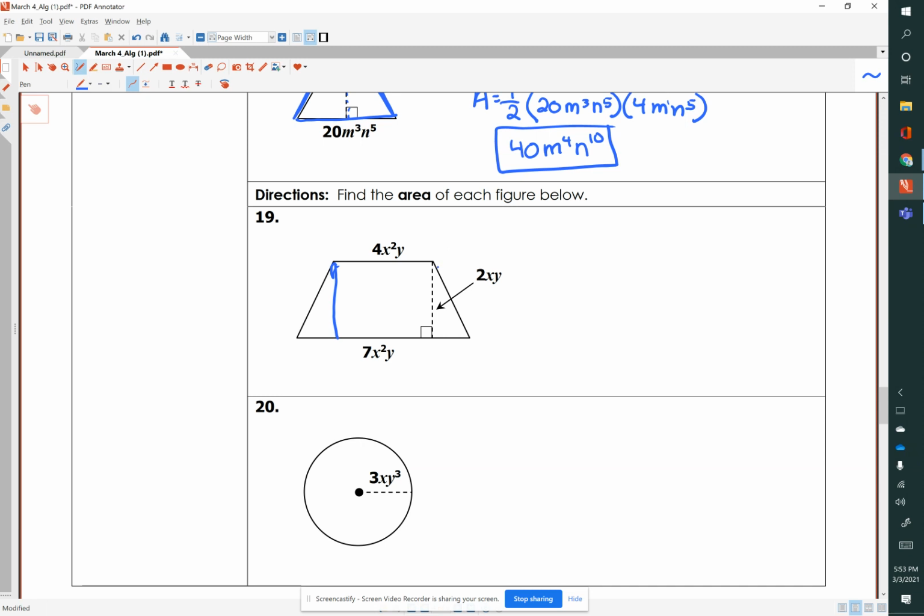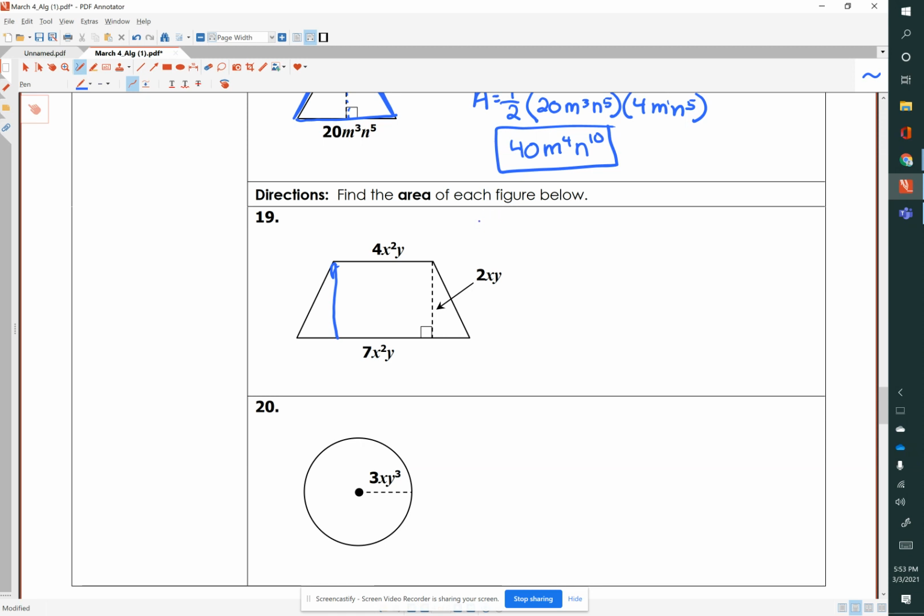So here's the way I would handle this. There's a couple of ways you could handle this, but the way I would handle this is I would do 1/2 of 4x squared y plus 7x squared y, and then I would multiply that times 2x squared y.